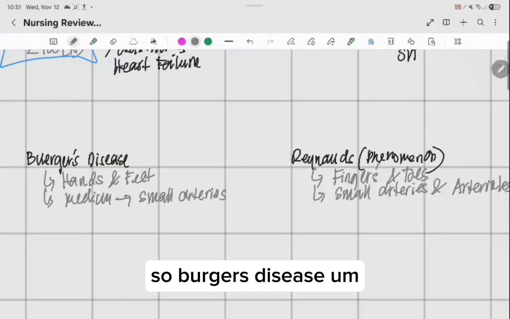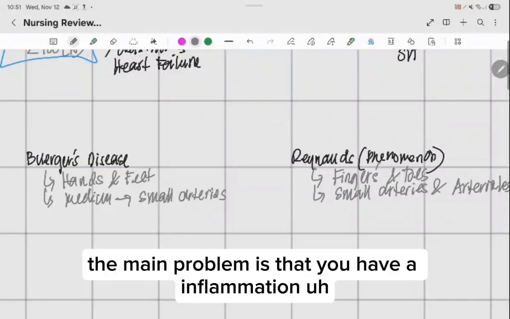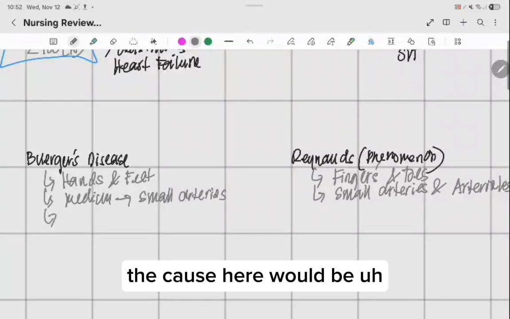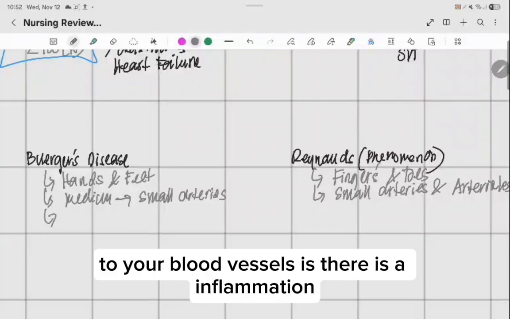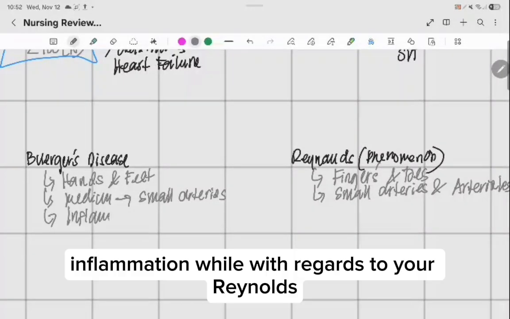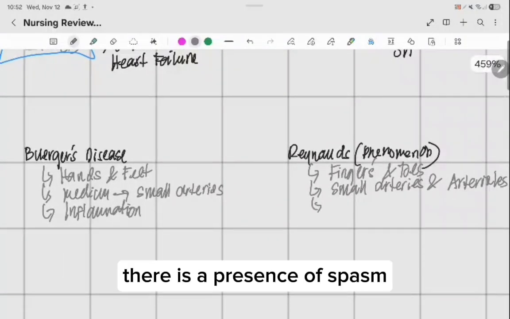So Buerger's disease, the main problem is that you have an inflammation. What happens to your blood vessels is there is inflammation, while with regards to Raynaud's, there is a presence of spasm.